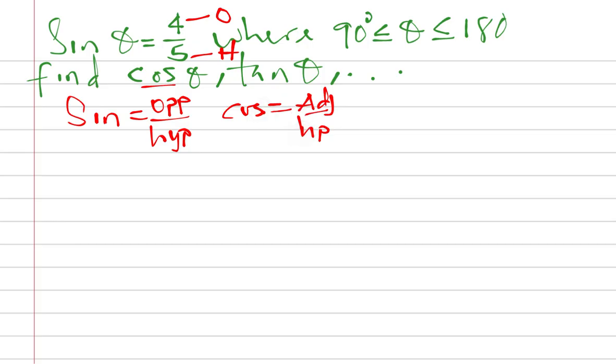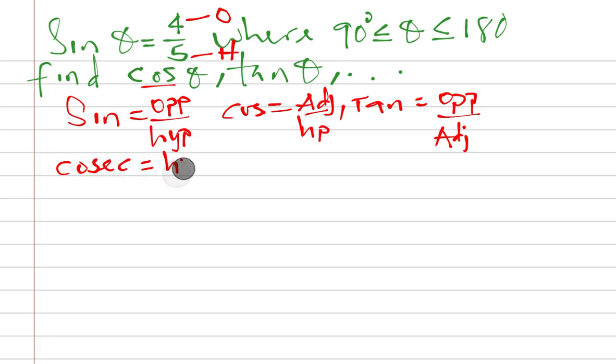Then tan is opposite over adjacent. Are you seeing that now? Then cosec. If I want to do cosec, don't forget I said cosec is the inverse of sine. That means hypotenuse over opposite.